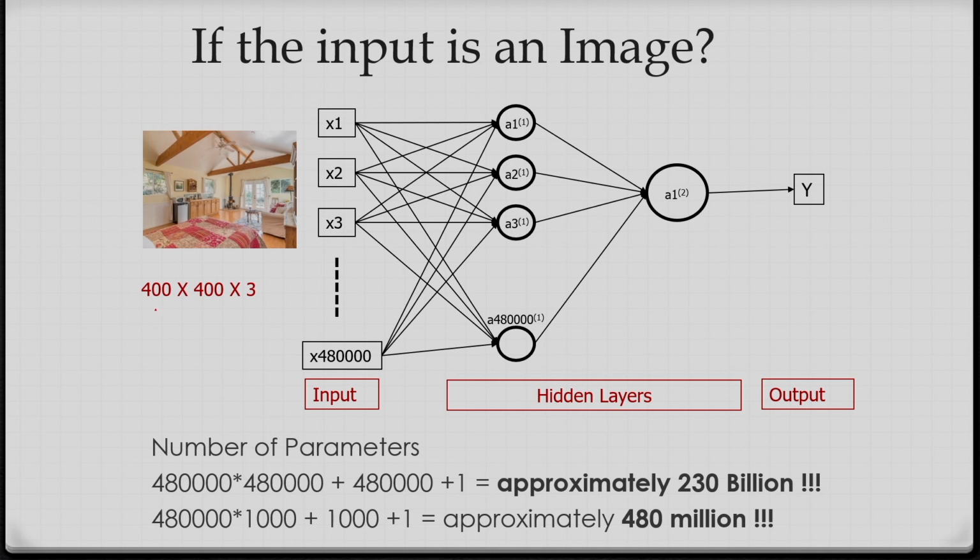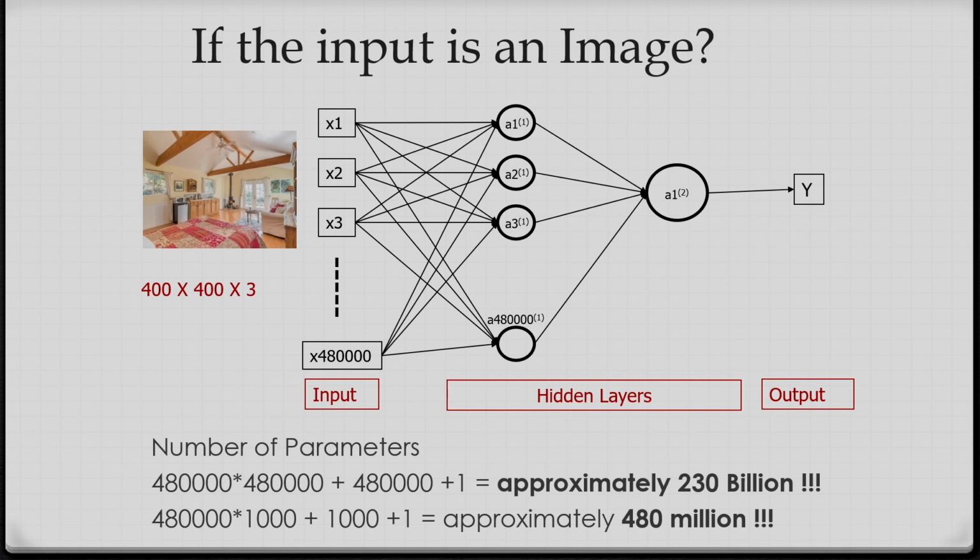This 400 into 400 into 3 is nothing but 4,80,000 input nodes. So x1, x2, x3 up to x 4,80,000 are the input nodes. After this I am considering the hidden layer. Suppose the hidden layer also has 4,80,000 nodes.